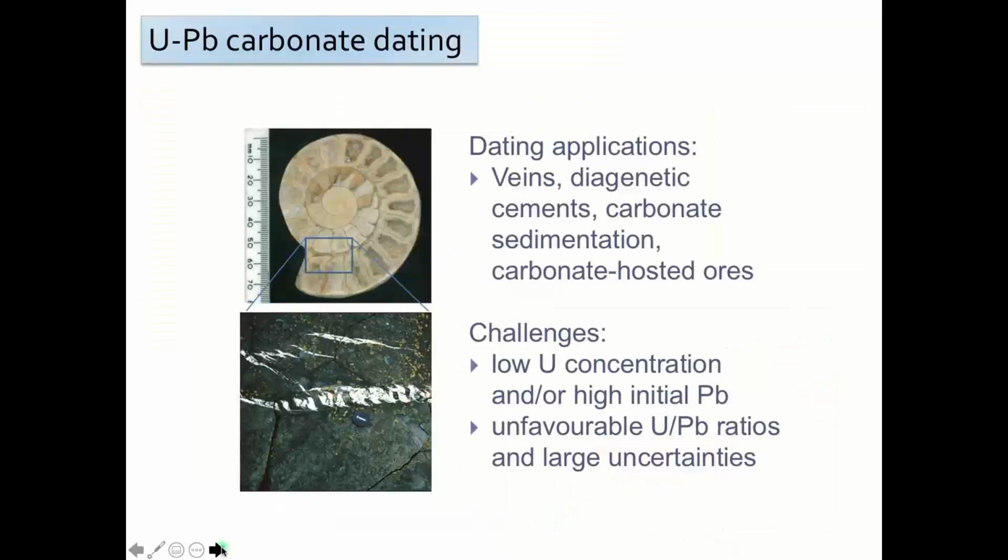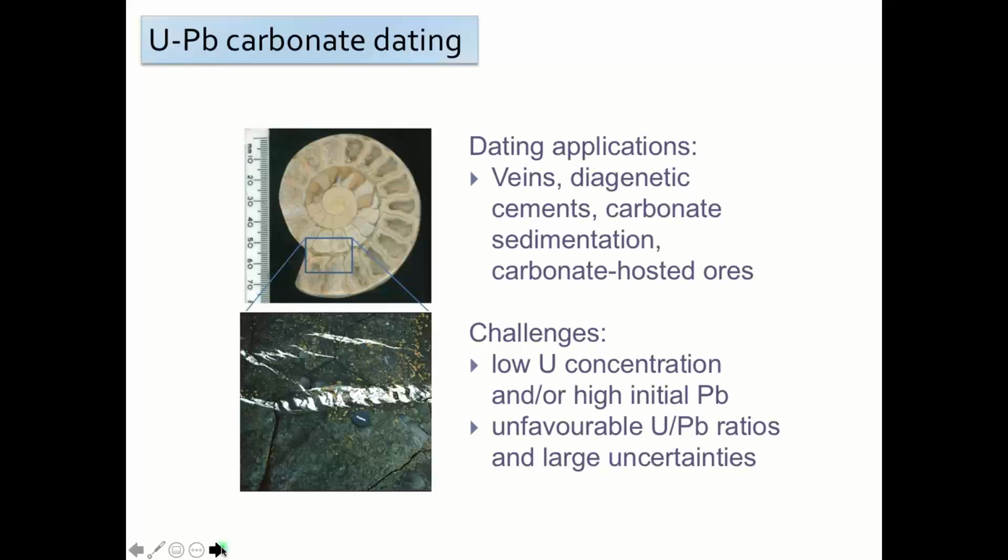And finally, the last thing we've been trying laser ablation ICP-MS imaging on is uranium-lead dating of carbonates. This is an approach which has a variety of different applications, such as dating veins, diagenetic cements, dating limestones which are non-fossiliferous, such as in the Neoproterozoic, and also dating veins or carbonate-hosted ores in, for example, Mississippi Valley-type ore deposits.